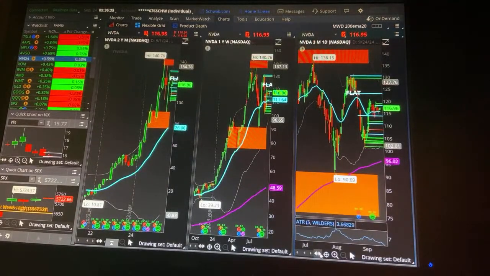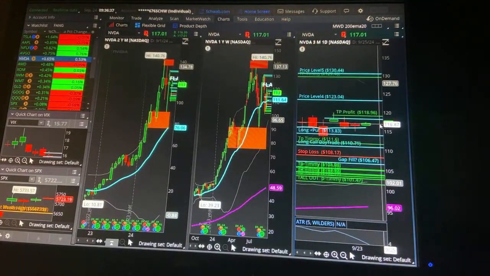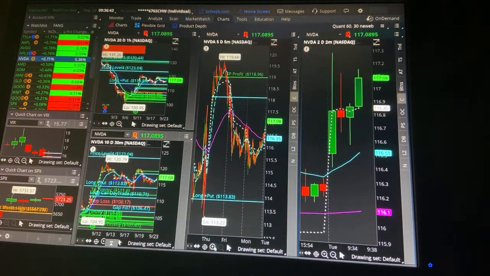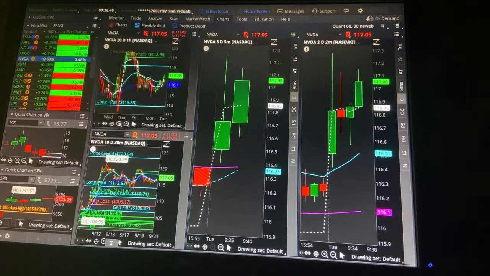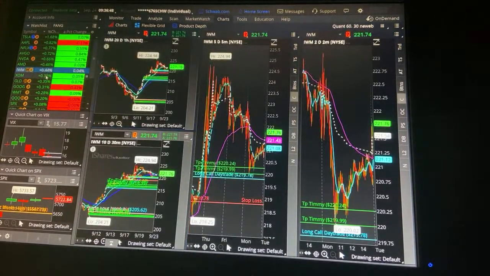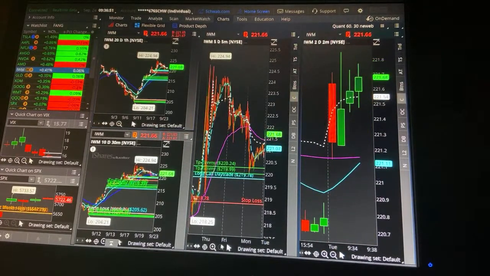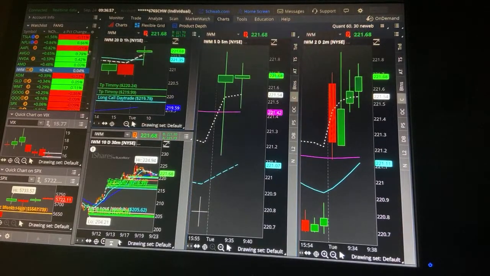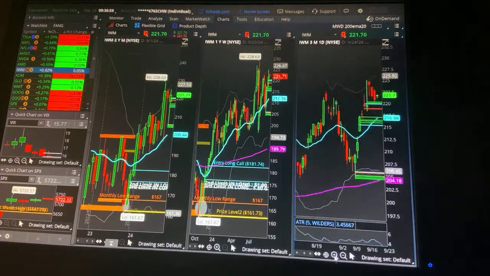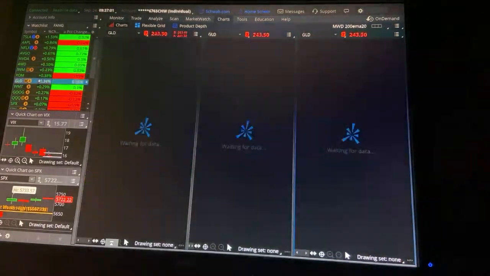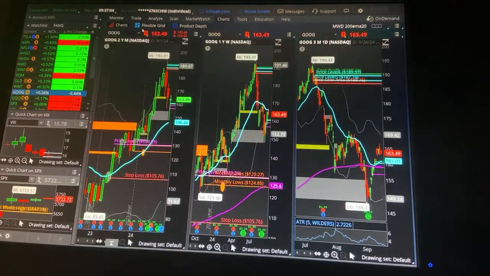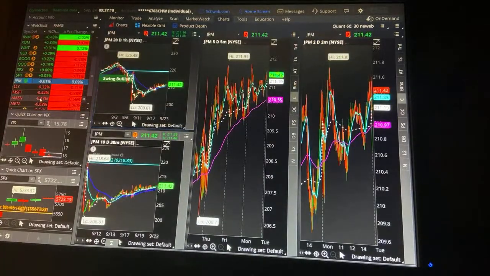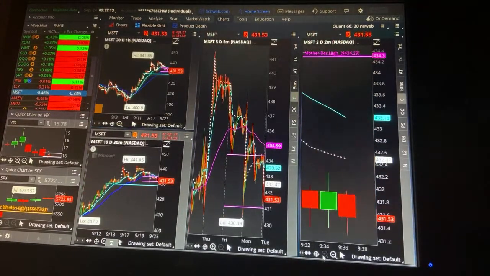Let's see. I'd like to see NVIDIA take out yesterday's high with more aggression here. IWM. Google, want to be careful. Google today. SPY's not doing much. Microsoft pushing down.